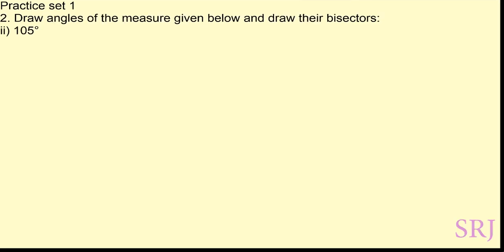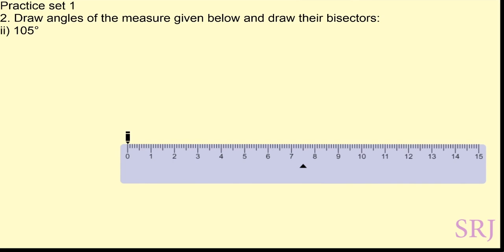Draw angles of the measures given below and draw their bisectors. 105 degree. For that, take a scale and draw a line segment of any measurement.